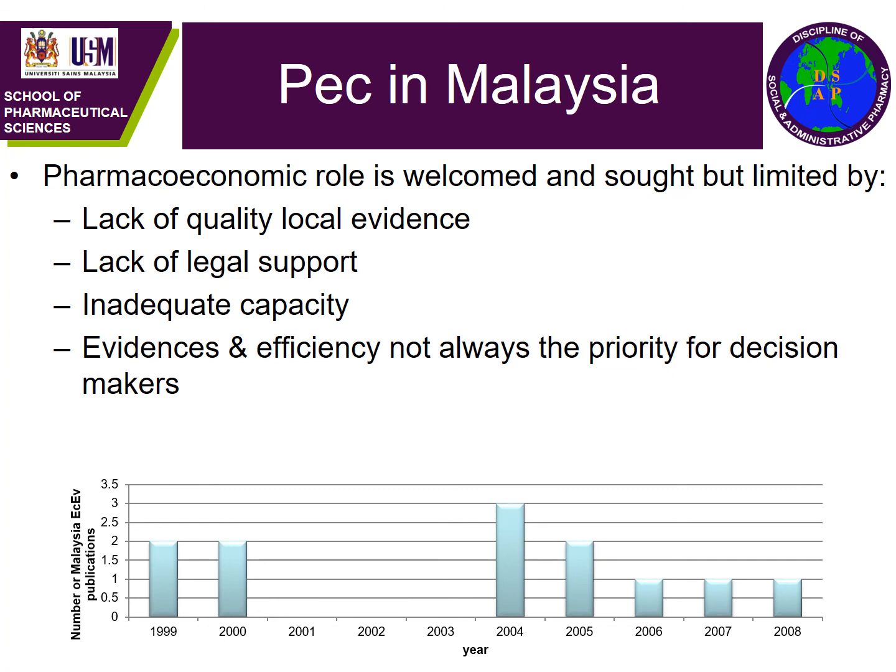And also, evidence of efficiency is sometimes not the priority for decision makers. So you might invest a lot to conduct a study to generate pharmacoeconomic evidence to show that your drug is cost effective, really affordable, and provides a really good financial impact to the institutions.